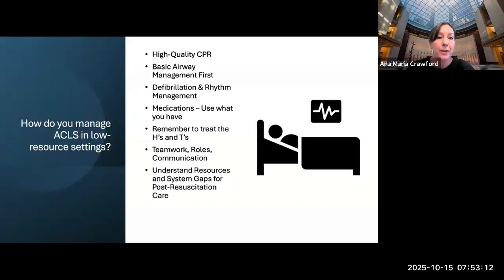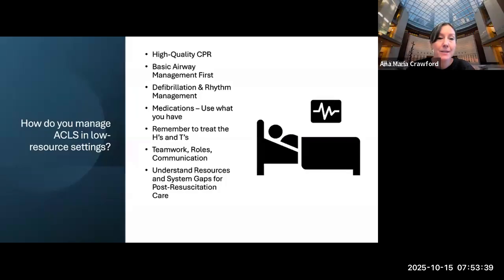You've talked about defibrillation and rhythm management. Specifically, you can use monophasic or biphasic defibrillators, and if you have a biphasic, that's preferable. Medications, we haven't really talked about that, but some of the more common medications, adrenaline, which we call epinephrine in our setting, is really important.